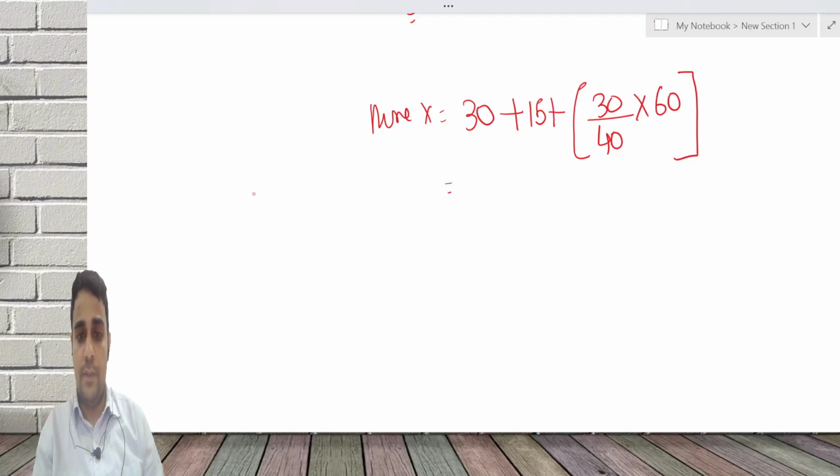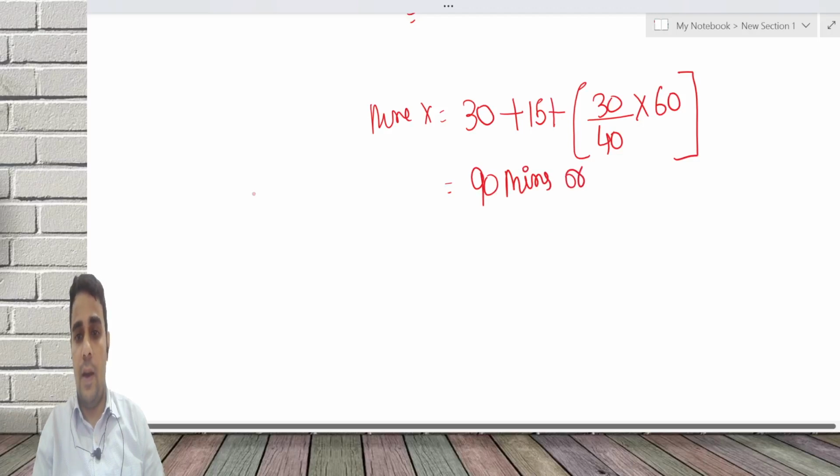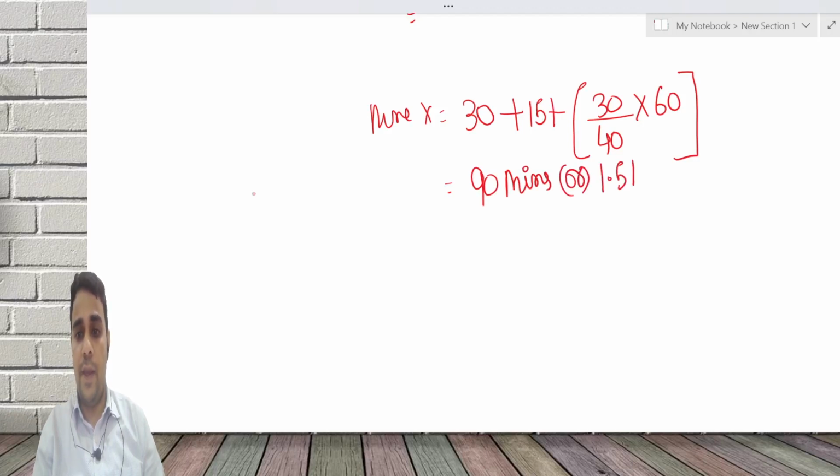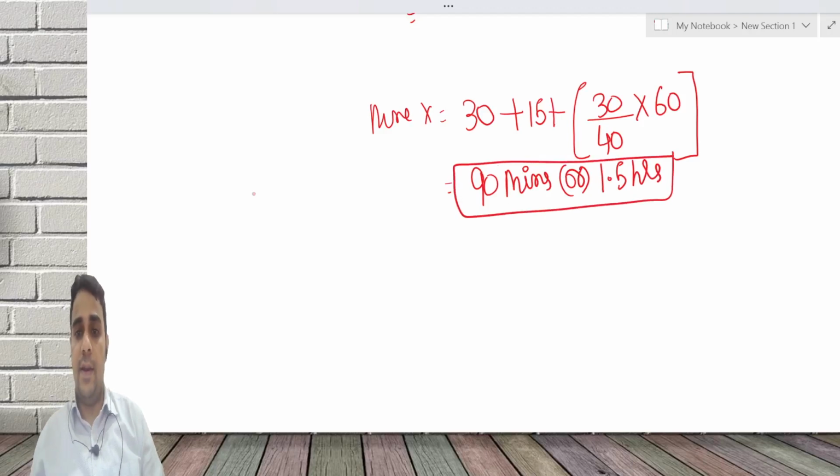All put together, 90 minutes or 1.5 hours. Mine X: 30 for loading, 15 for unloading, plus 30 by 40 into 60.